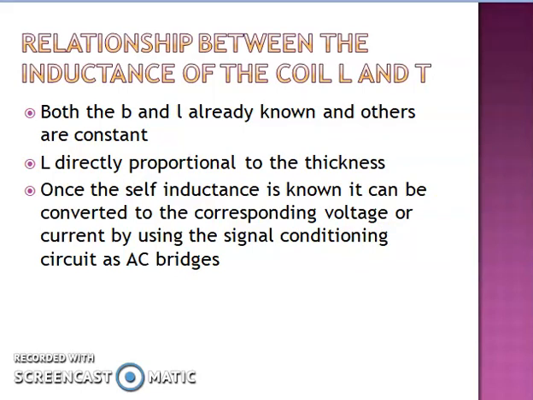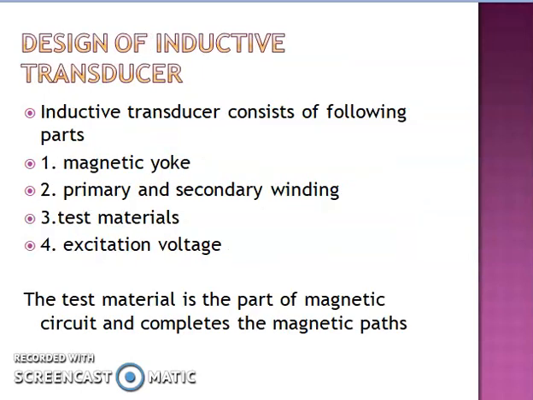It consists of mainly 4 parts. The first part is the magnetic yoke, the second part is the primary and secondary winding, the third is the test material, and the fourth is the excitation voltage.